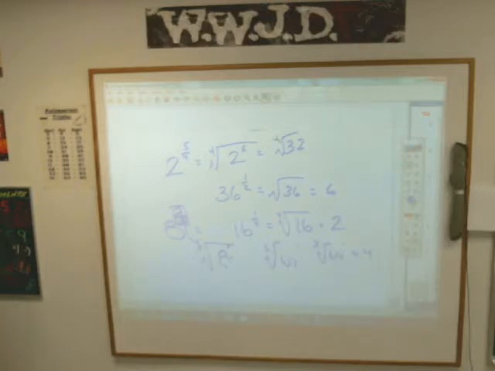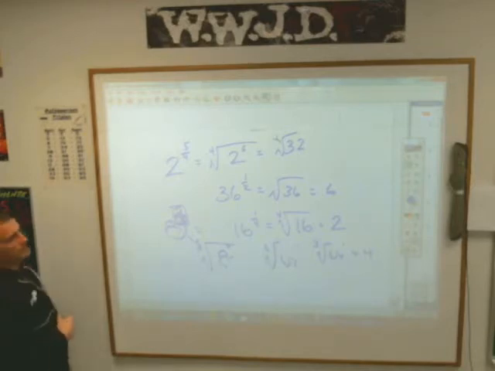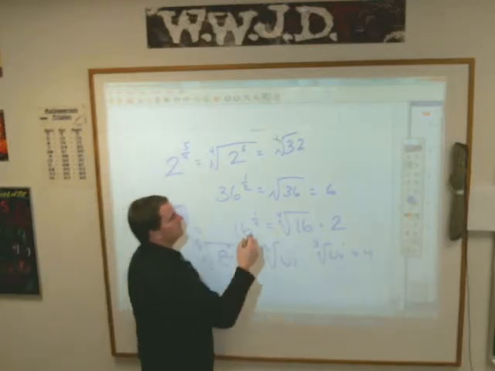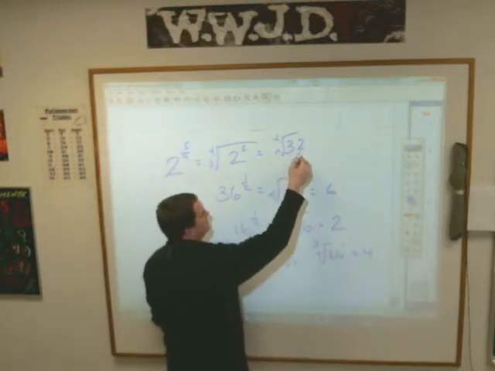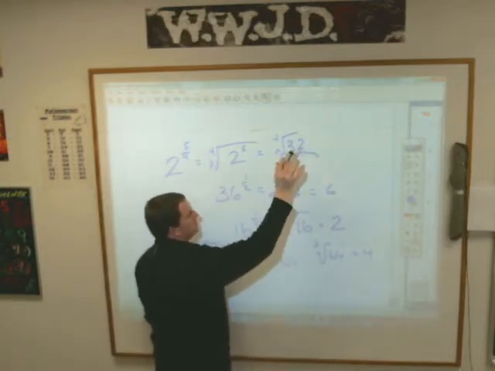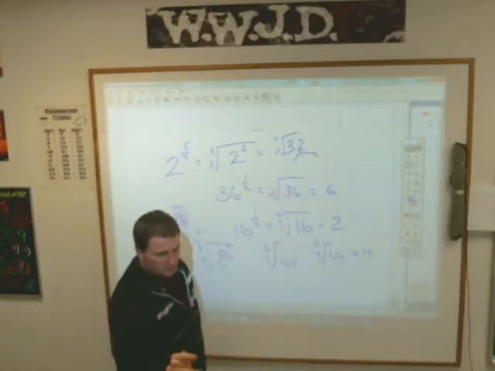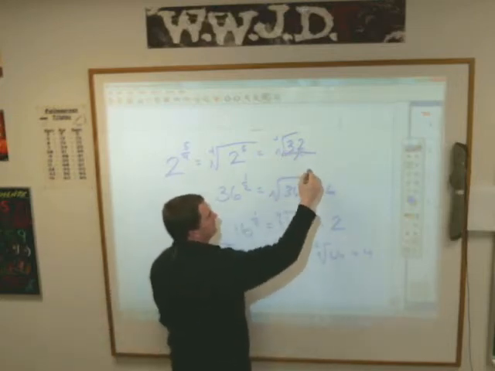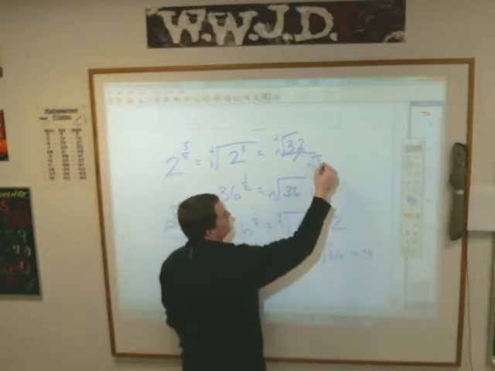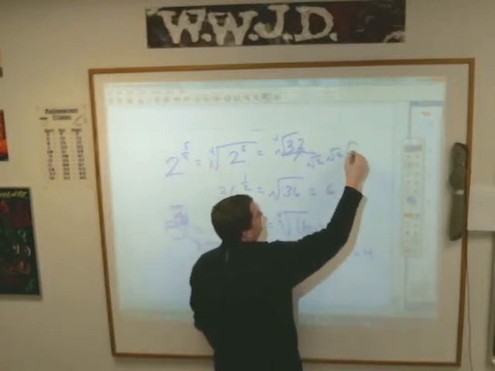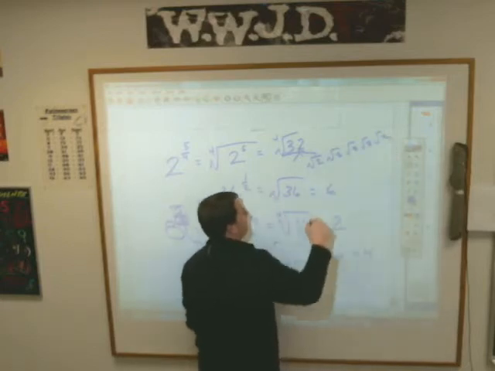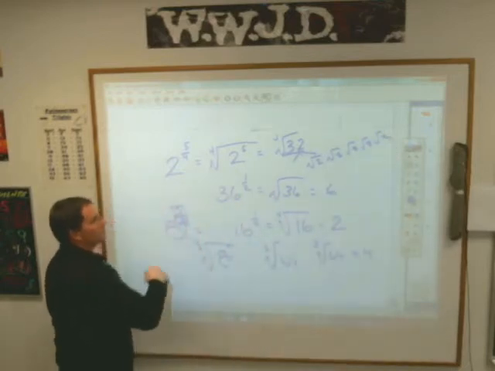Simplifying the radical, let's see if this would work. Spitballing here, if we break this down and simplify it like we do other square roots, prime factorizing 32, you get 2 times 2 times 2 times 2 times 2.